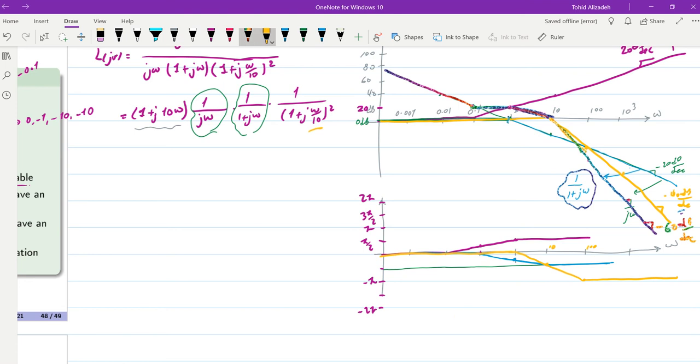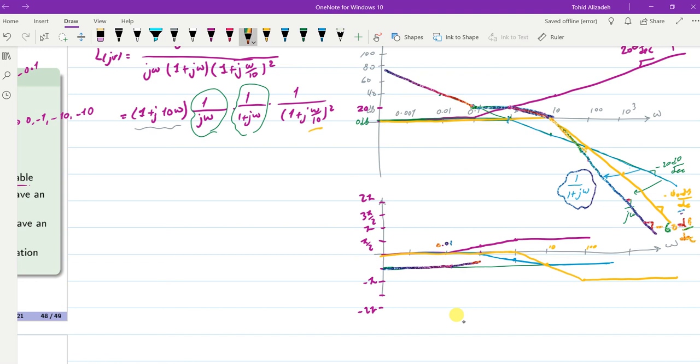And now we need to add all these together. It means that initially we will have minus pi over 2 up to this frequency, which is 0.01. Then the phase will increase a little bit as the result of the introduction of the 0.